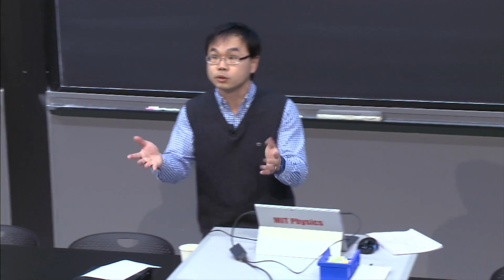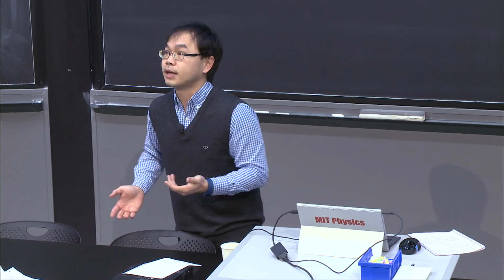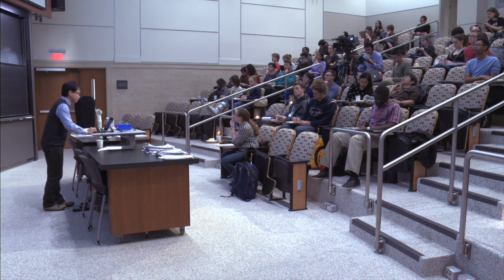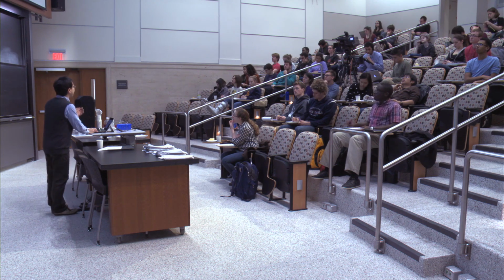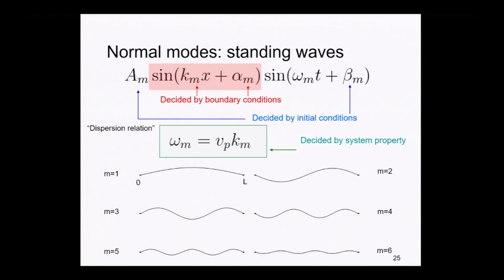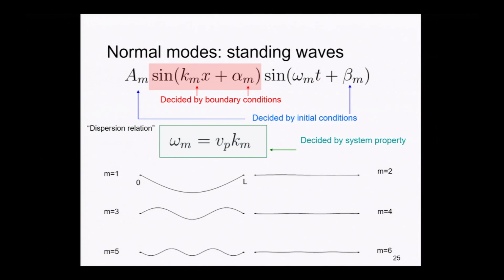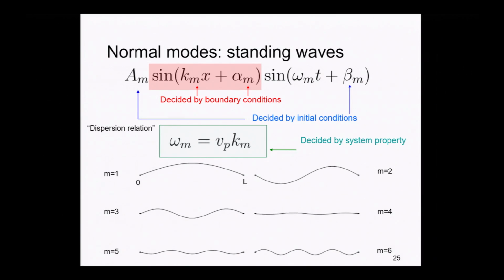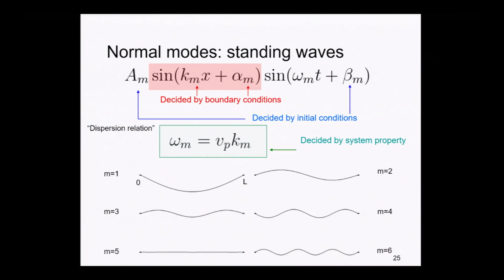But after you introduce the boundary condition from the problem you are given, k_n and alpha_n cannot be arbitrary anymore, and they usually become discrete numbers. That is what we learned from the previous lectures.